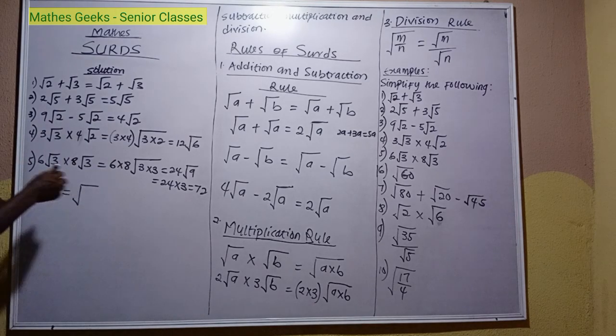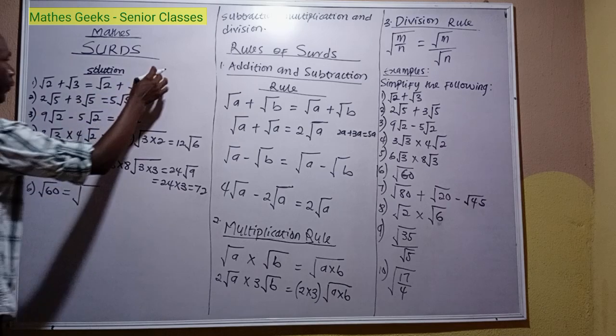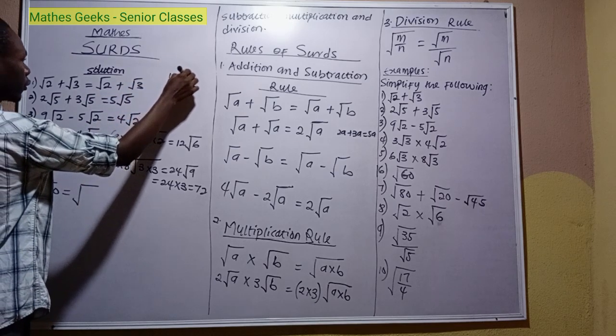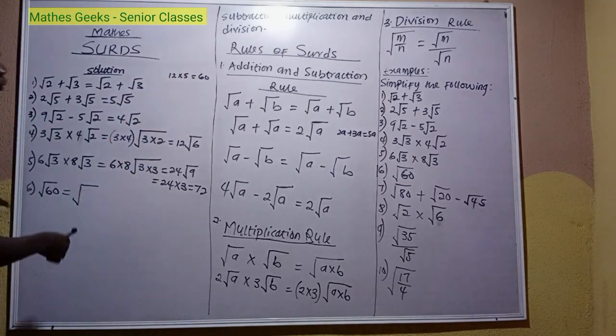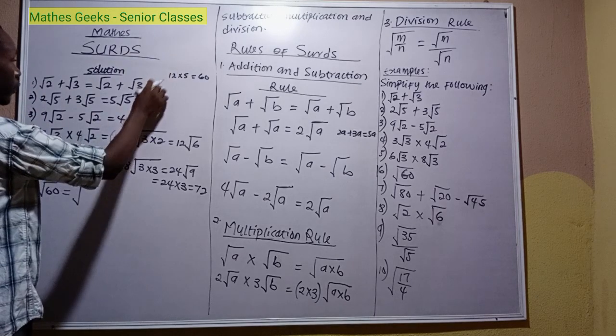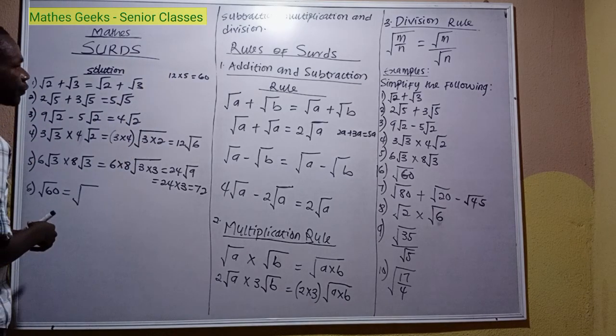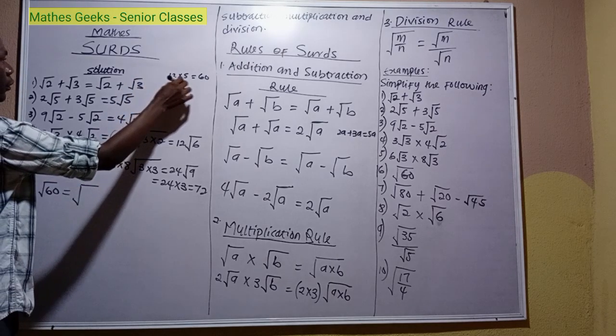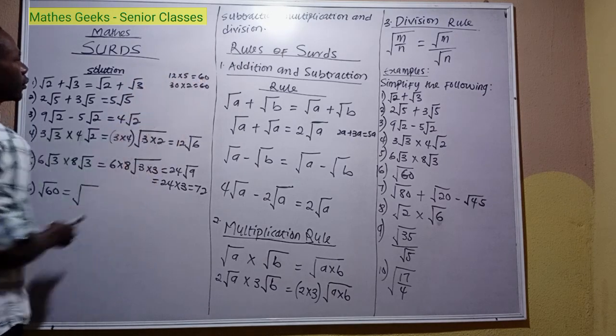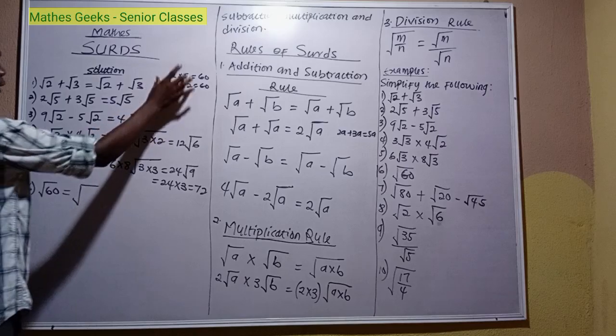So 60 is gotten by 12 times 5, which is 60. We have 30 times 2, which is 60. None of them here is a perfect square.